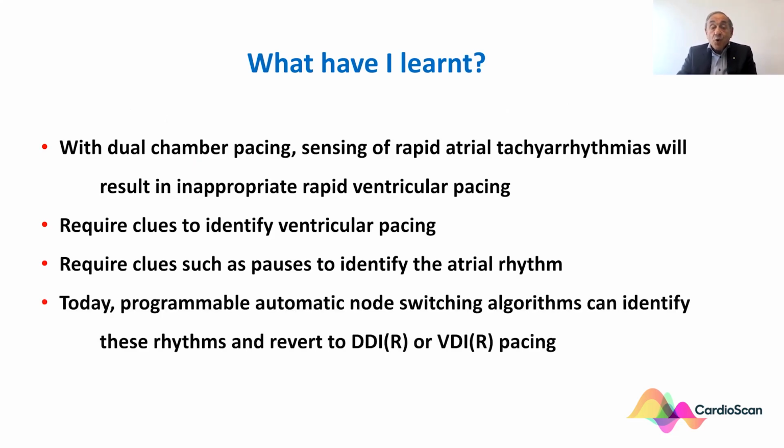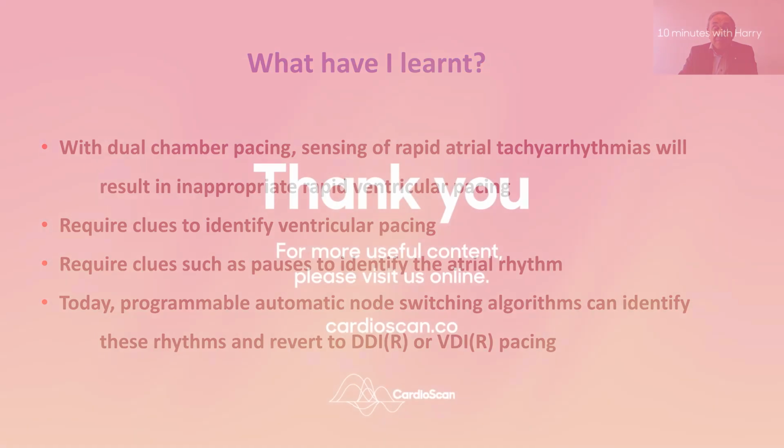Today, programmable automatic mode switching algorithms can identify these rhythms and revert to DDIR or VDIR pacing. They are very reliable. However, on occasion, we find that they do fail, particularly with resulting in rapid ventricular responses to pacing, and therefore dual chamber DDIR pacing may be required.